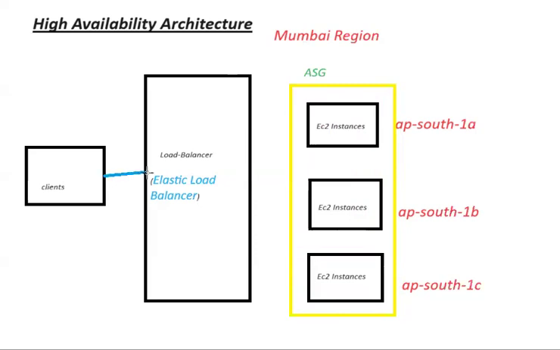I hope you understood the load balancer that we use in AWS for hosting my web servers. The load balancer I am going to use in AWS to distribute the traffic is the Elastic Load Balancer.